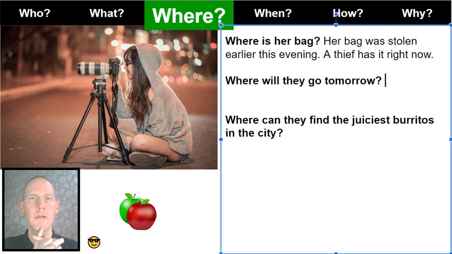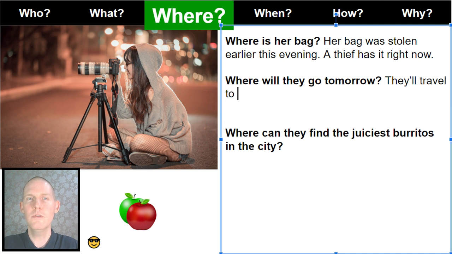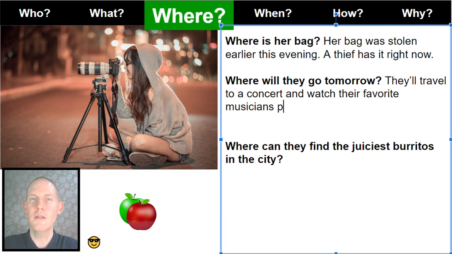Where will they go tomorrow? They'll travel to a concert and watch their favorite musicians play great music. All right. Where can they find the juiciest burritos in the city?